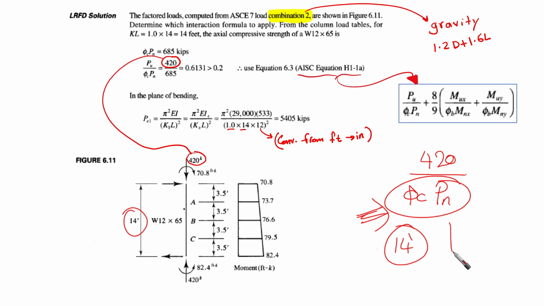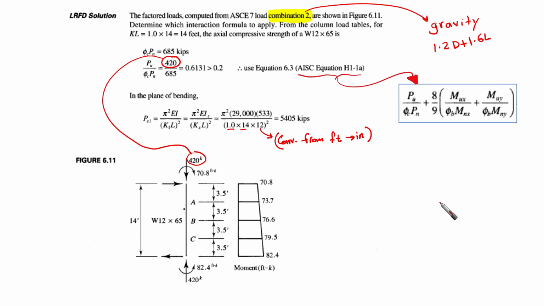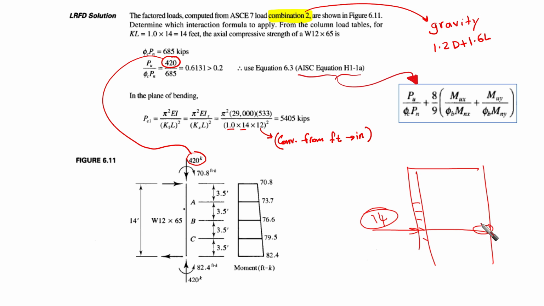So you go into the tables, go with 14, and check the value related to the cross section that we have.